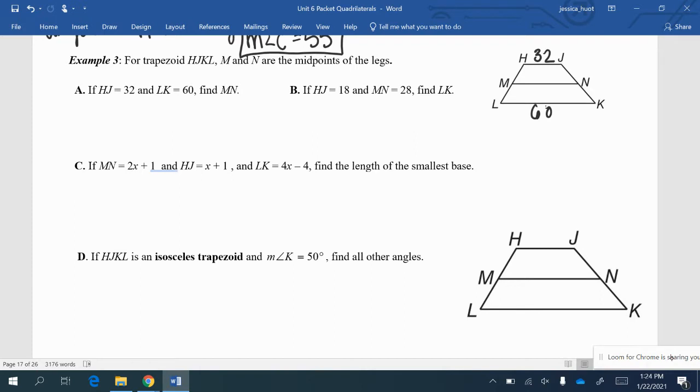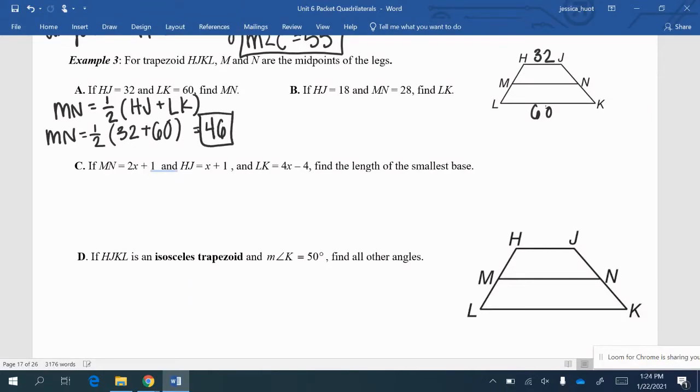So our two bases are 32 plus 60. That means MN is 1/2 the length of HJ plus LK. So those are our two bases. So MN is 1/2 of 32 plus 60, or 46.